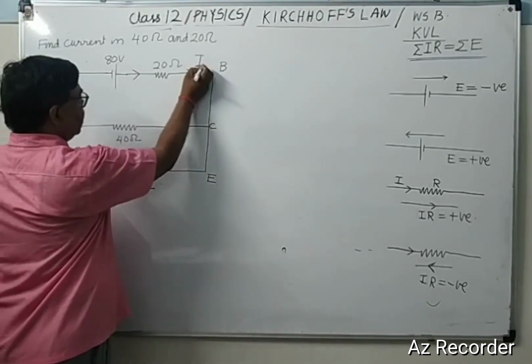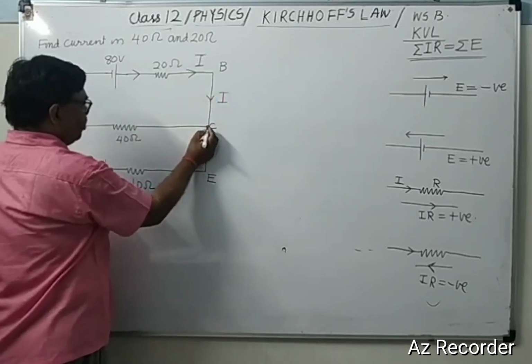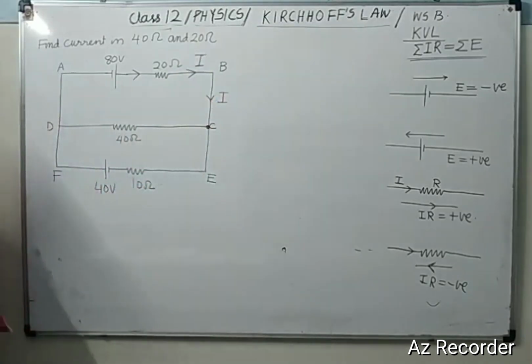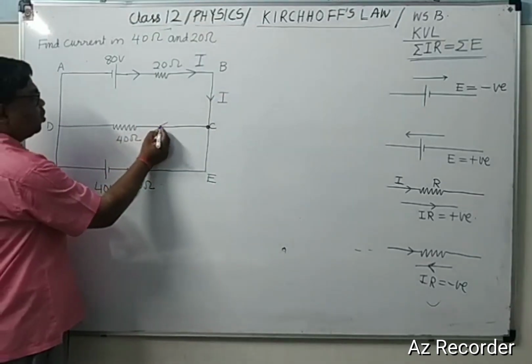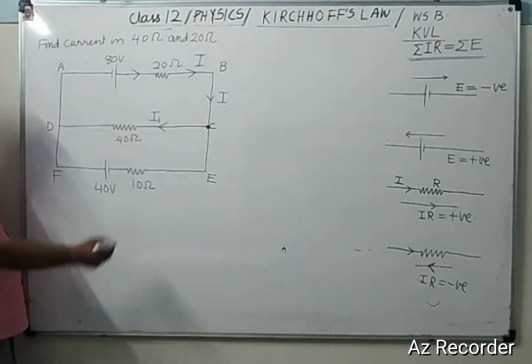It's clear? Here also the current will be I. When it reaches point C, some current will flow through this branch. Suppose the current flowing through the 40 ohm resistor is I1.